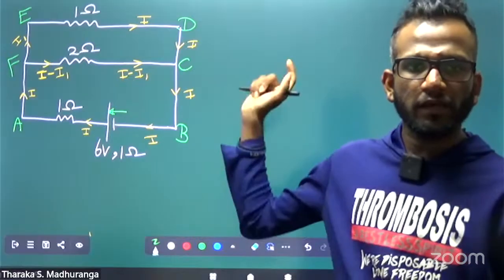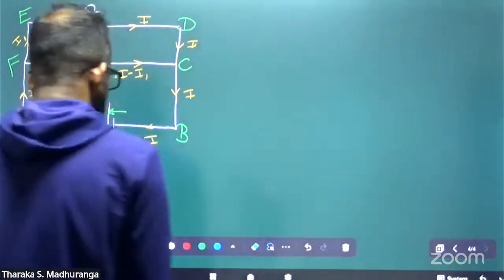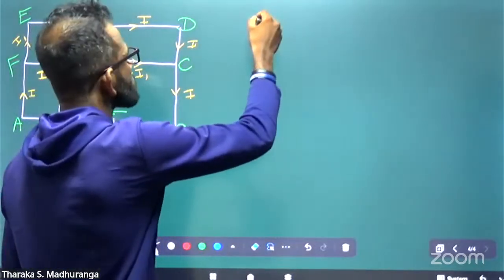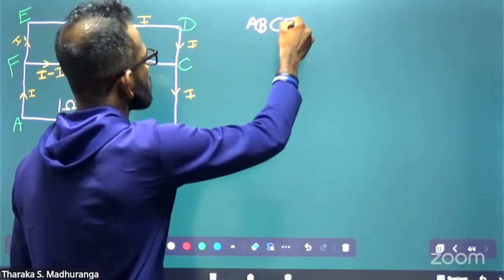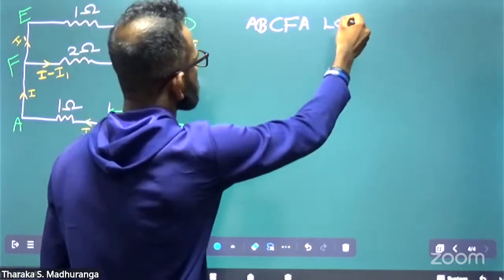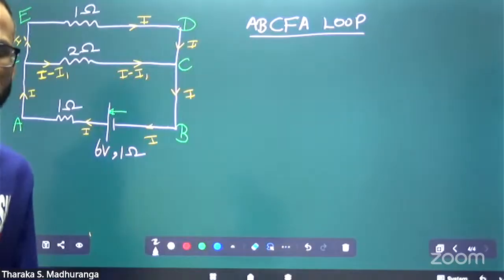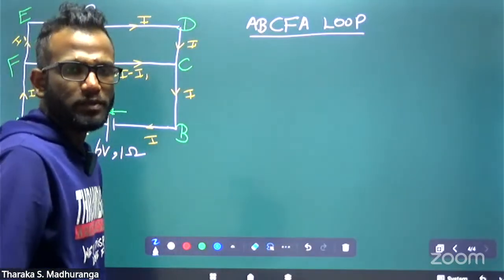A, B, D, E, A is another loop. First I am going to substitute the A, B, C, F, A loop. Kirchhoff's second law for the A, B, C, F, A loop.